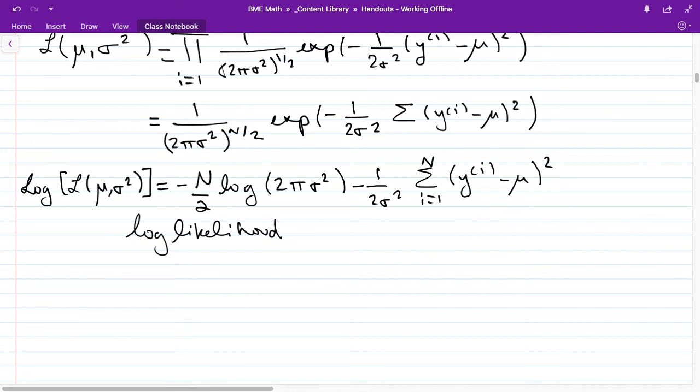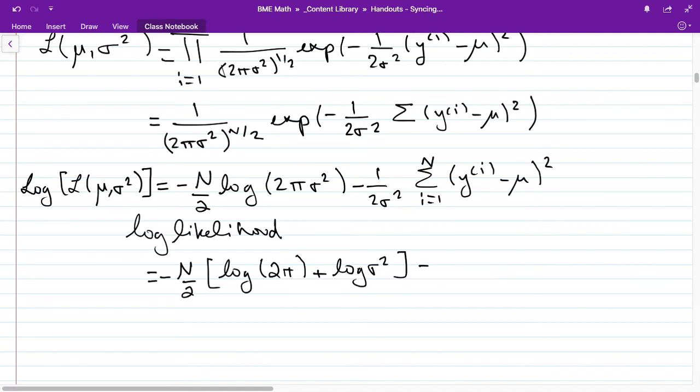Let me further simplify this. It is equal to minus n over 2 times the log of 2 pi plus the log of sigma squared, minus the rest of this term.